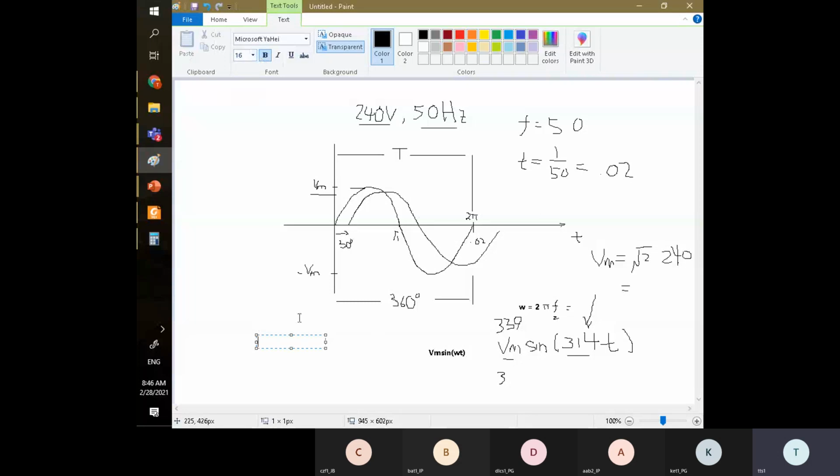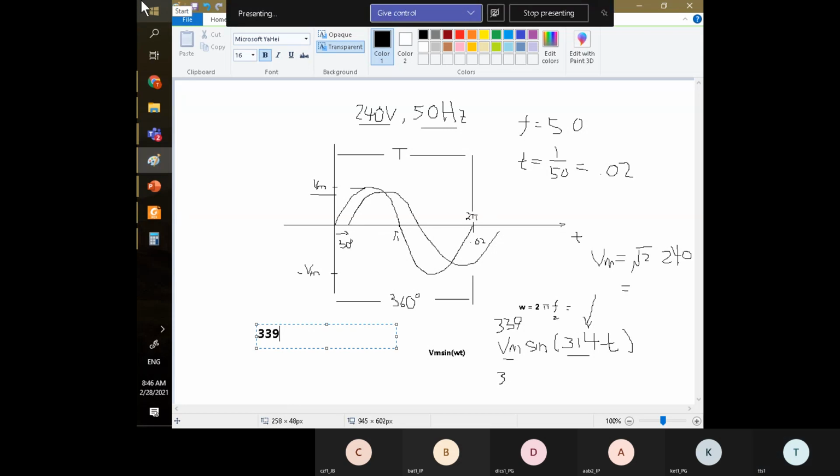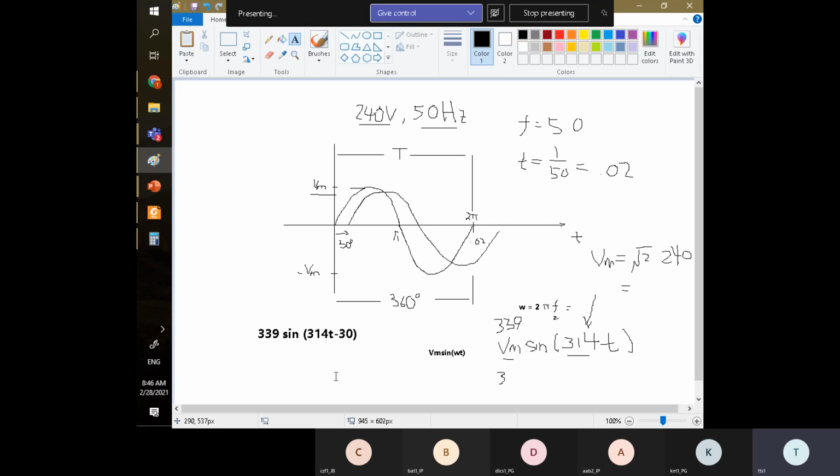Let's use a bigger font here. Okay, 339 times sine 314 t minus 30 degree. So this is the correct way to represent it if we have a phase shift in our waveform. So you should know where this comes from, and where this comes from, right?